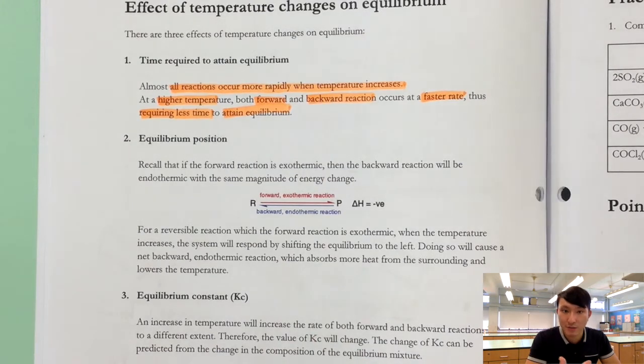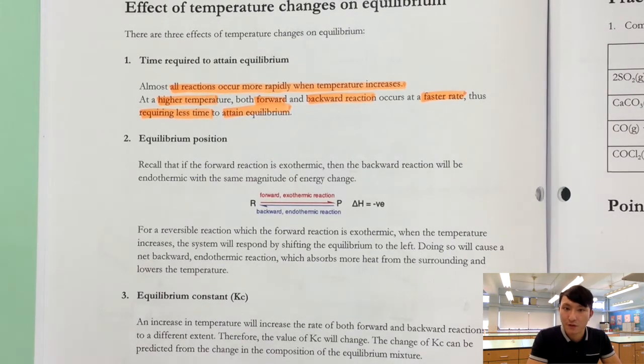If the surrounding temperature increases, then the system wants to counteract the increase in surrounding temperature. Basically, it wants the surrounding temperature to decrease. Now, in order to decrease the surrounding temperature, a system can absorb extra heat from the surrounding. Now, if you want to absorb extra heat, basically, you are doing more endothermic reaction.